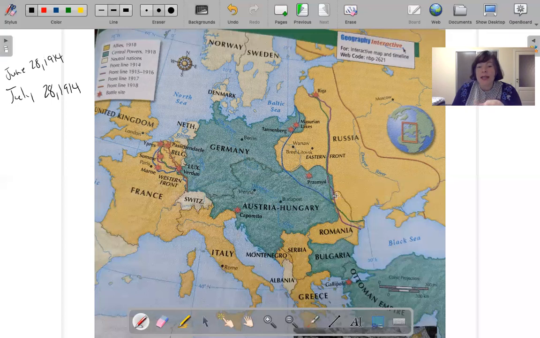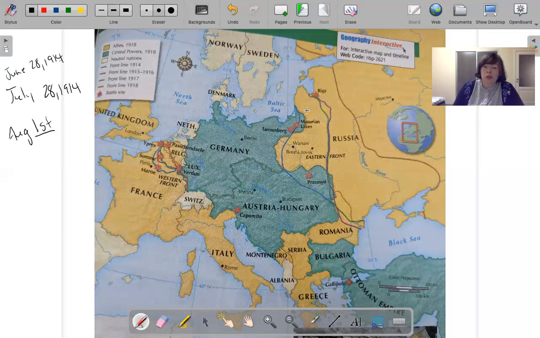And when Russia said yes, Germany declared war on Russia. That was on August 1st. So Francis Ferdinand is killed on June 28th. Austria-Hungary declares war on Serbia on July 28th. Serbia asks Russia for help. Russia says yes. And then Germany declares war on Russia on August 1st.